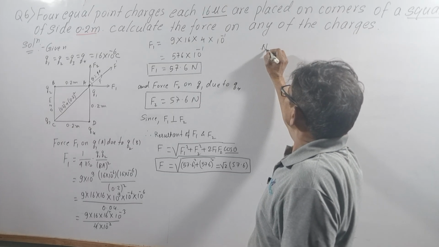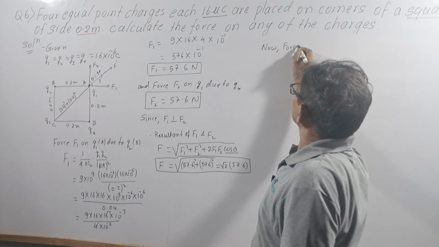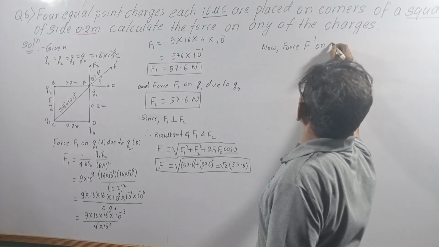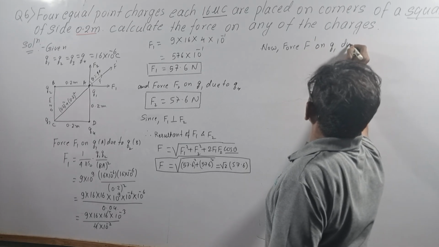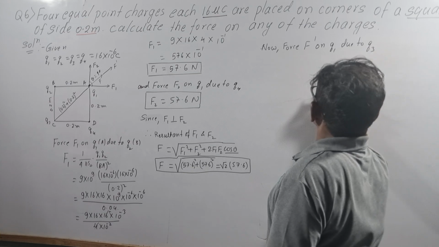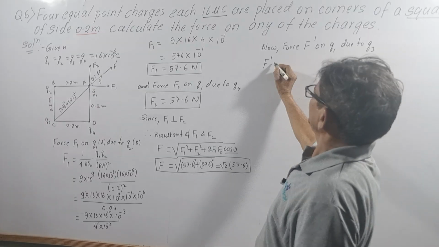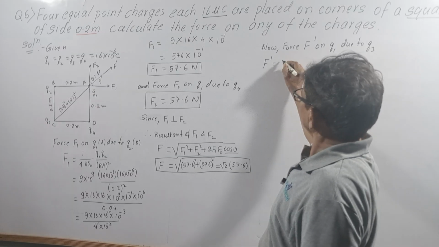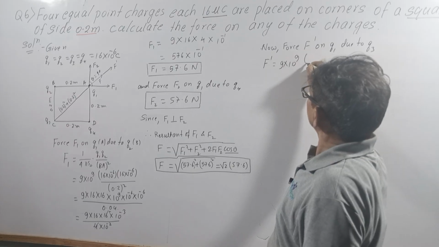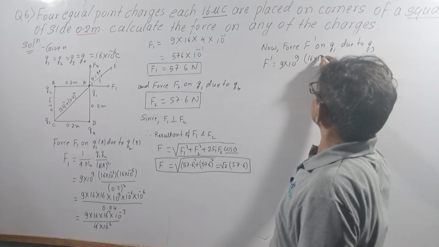Now the force, that I am taking here as F dash, on Q1 due to Q3. F dash equal to, same 9 into 10 to the power 9, and here same thing, that is 16 into 10 to the power minus 6.